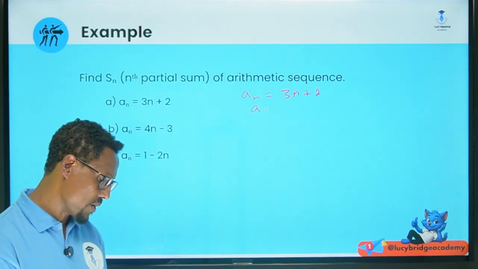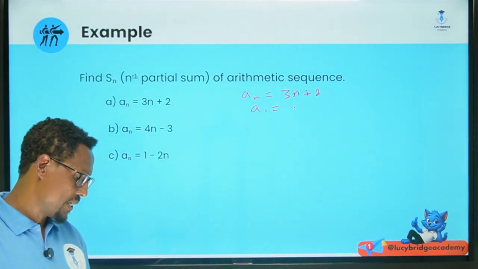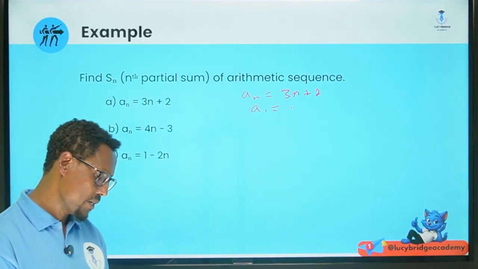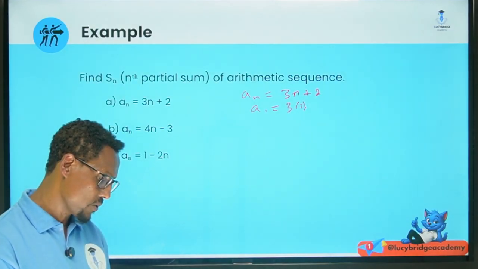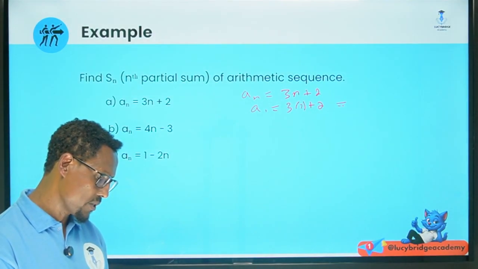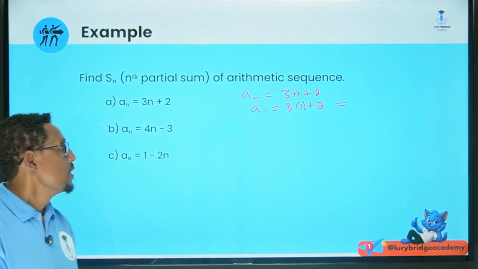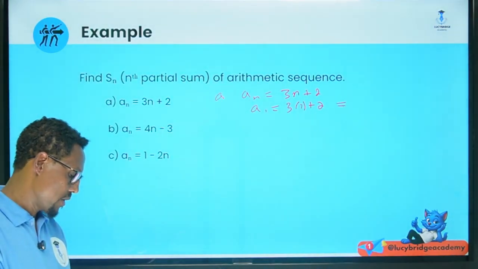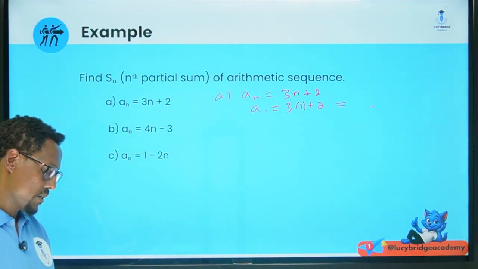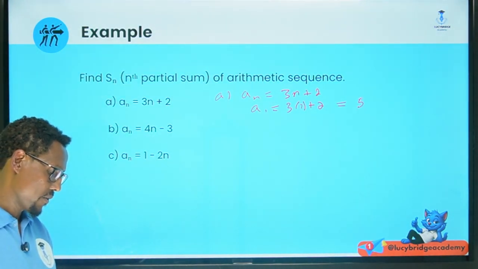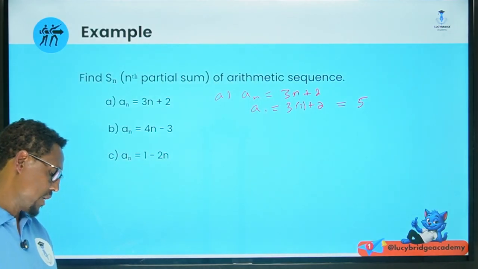So what will be A1? A1 is 3 times 1 plus 2, which is 3 plus 2, 5. What about A2?